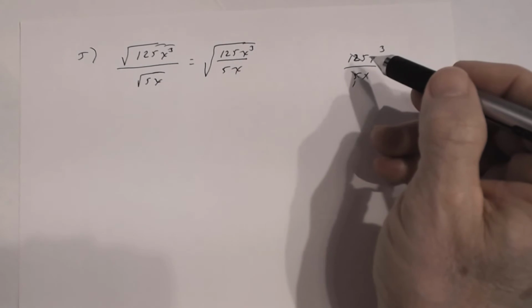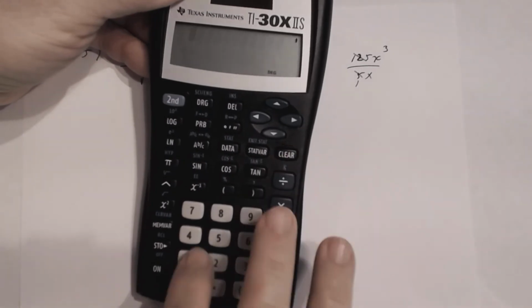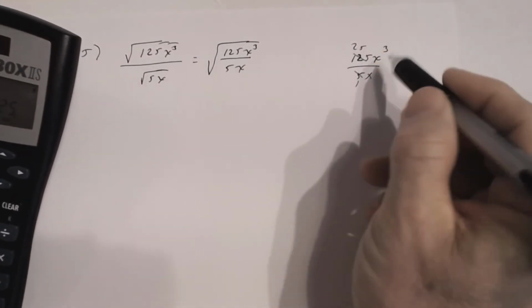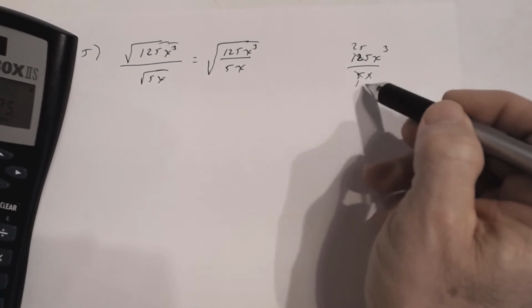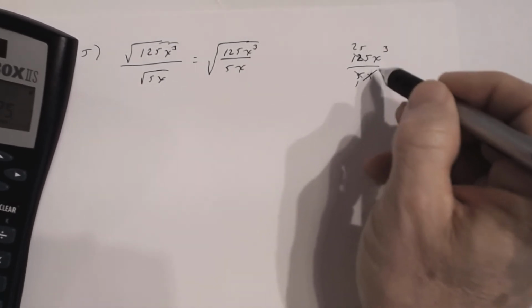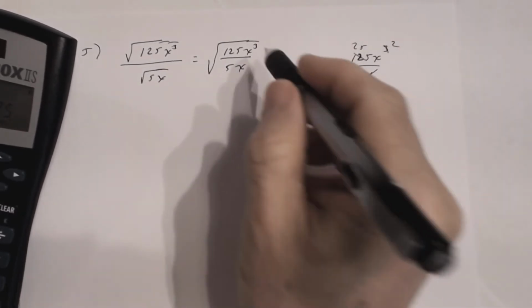If you can't figure it out real quick, just use your calculator. So you say 125 divided by 5, and you're going to get 25, right? So that's 25. Now remember how we dealt with the x cubed. I have 3 factors of x up here, 1 factor of x down here. So I can divide this one by one of those. So that's going to be a factor of 1, and I'm left with 2 factors of x. And so what I found is this.